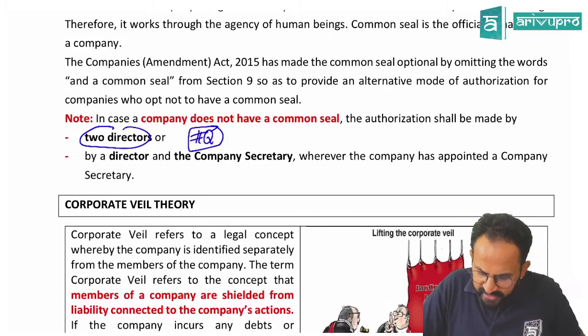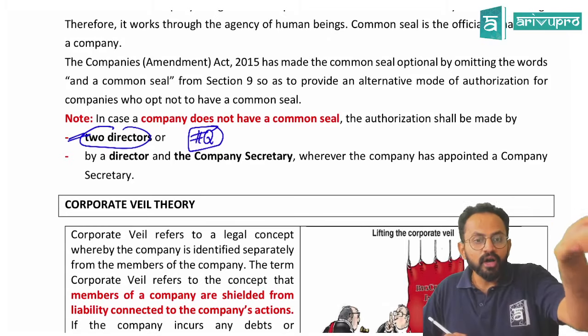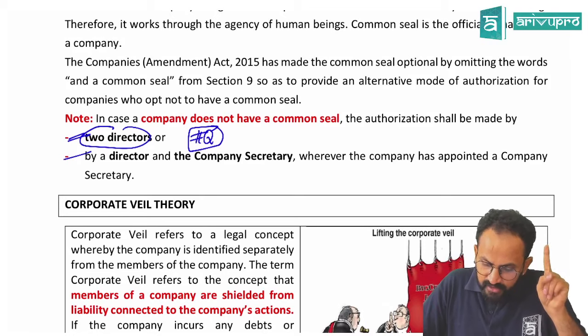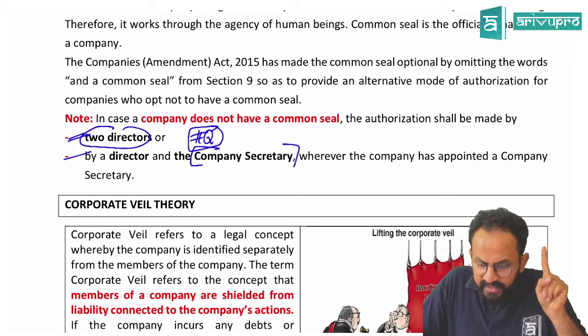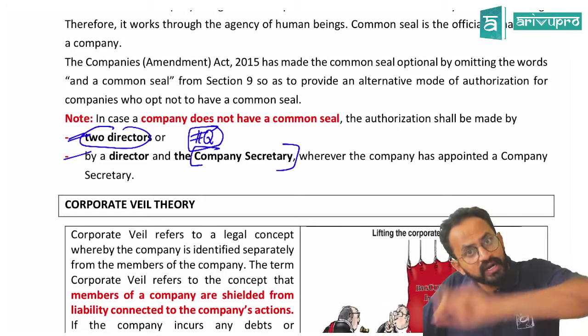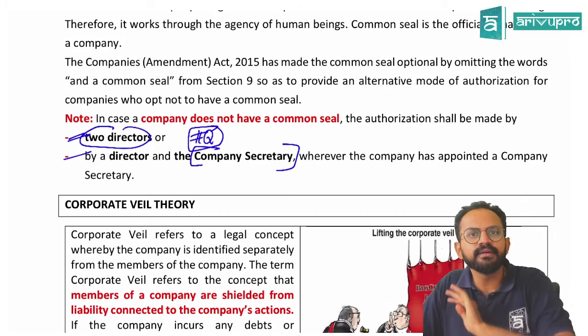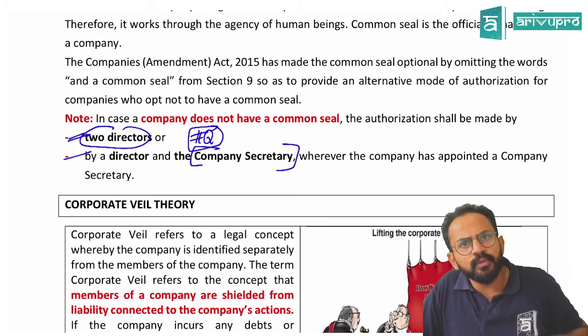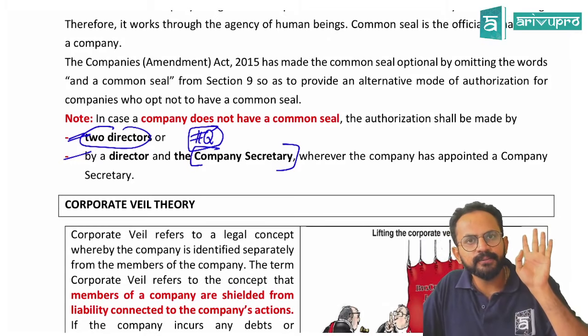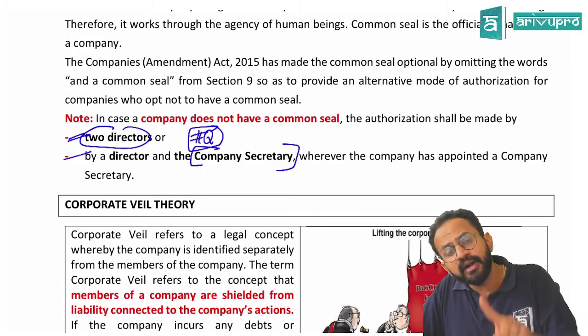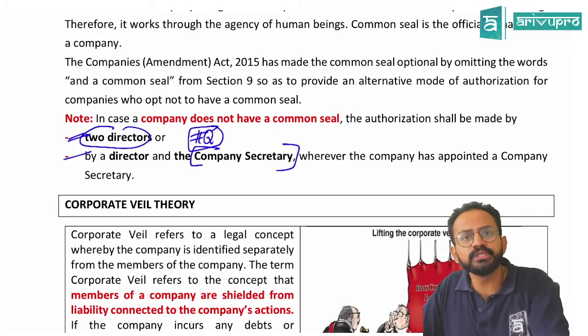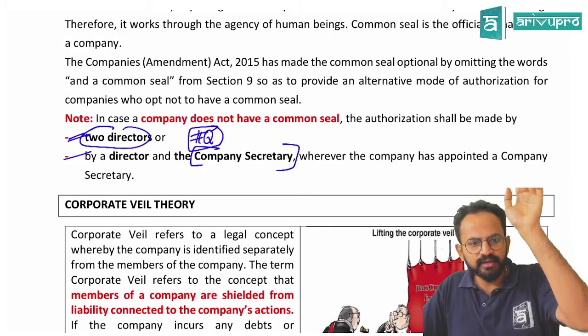Who? Two directors, or one director and one company secretary if a company secretary is appointed. Sir, if the CS is not appointed, then two directors can sign. But if the CS is appointed, he has to sign mandatorily, plus one director. Clear?